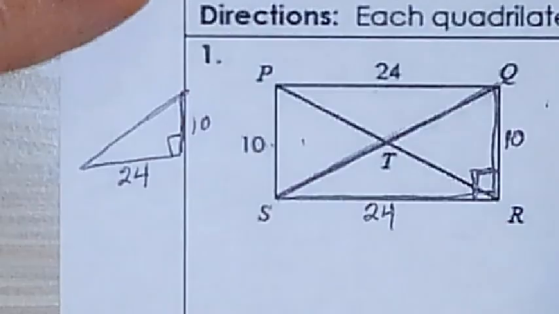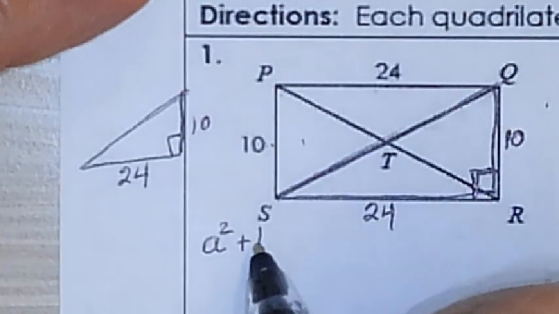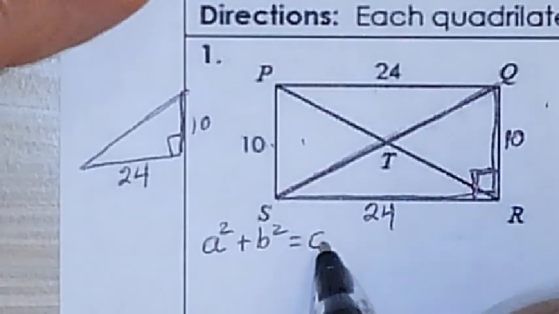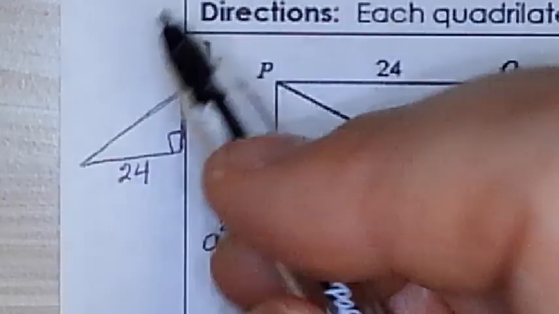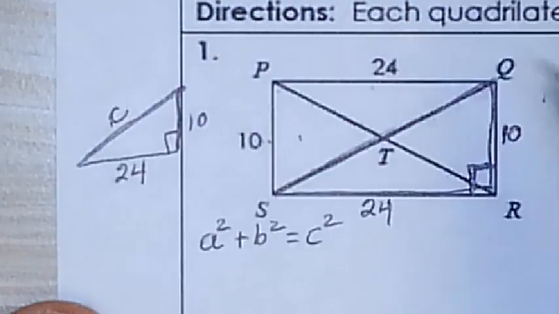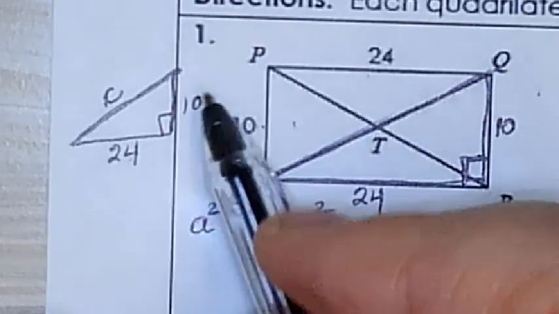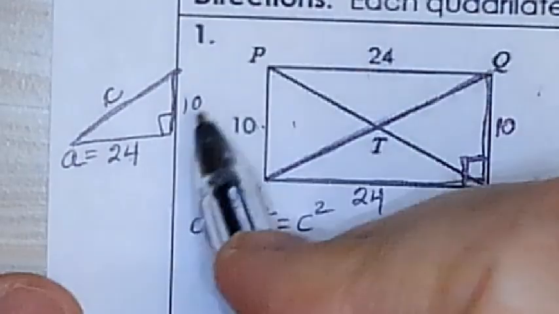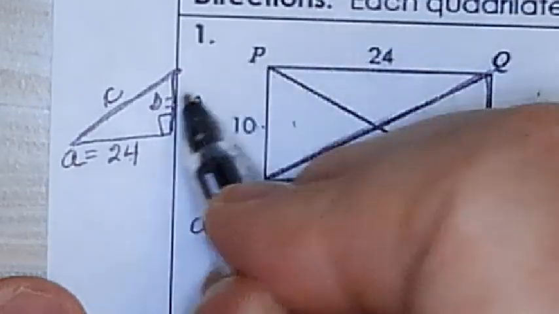And just like when you're dealing with the Pythagorean theorem, which is a squared plus b squared equals c squared, what you need to remember is that the hypotenuse is always c. It doesn't matter which leg is a and which leg is b, as long as the hypotenuse is c. And that's actually what we're looking for, this side, the hypotenuse. So I'll just call this a, and I'll call this side b.